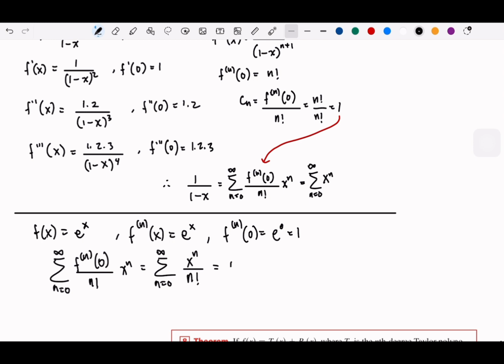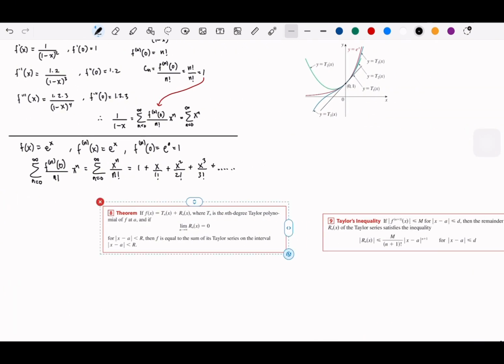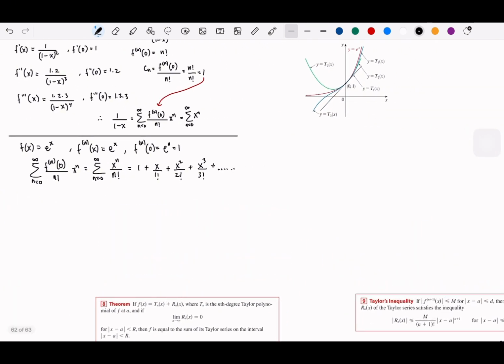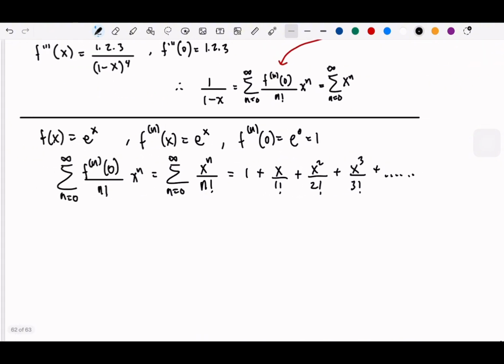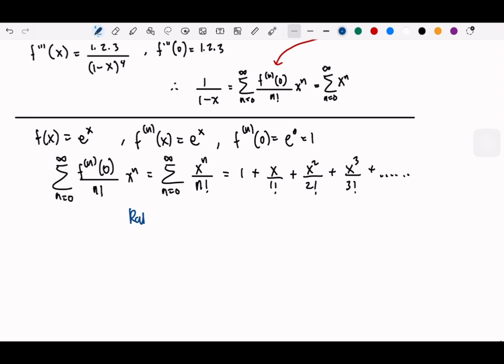Or if we want to expand, this is going to be 1 plus x over 1 factorial plus x squared over 2 factorial plus and so on. And if you want to check the radius of convergence, let me write that here. If you want to check the r, we can take the ratio test, a n plus 1 over a n.